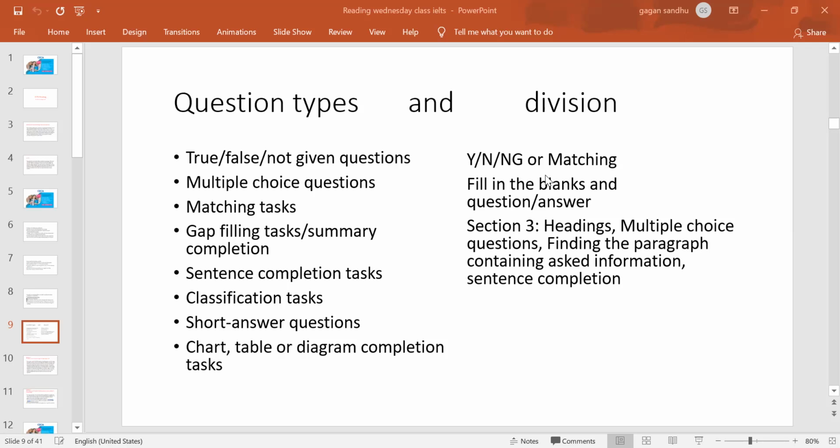Like suppose it says no more than 3 words. No more than 3 words means I can write up to 3 words as my answer. So in this case, you must understand that the answer may require a preposition in it, or an article with it. Normally these two will be the general grammatical things with the sentence completion answer.